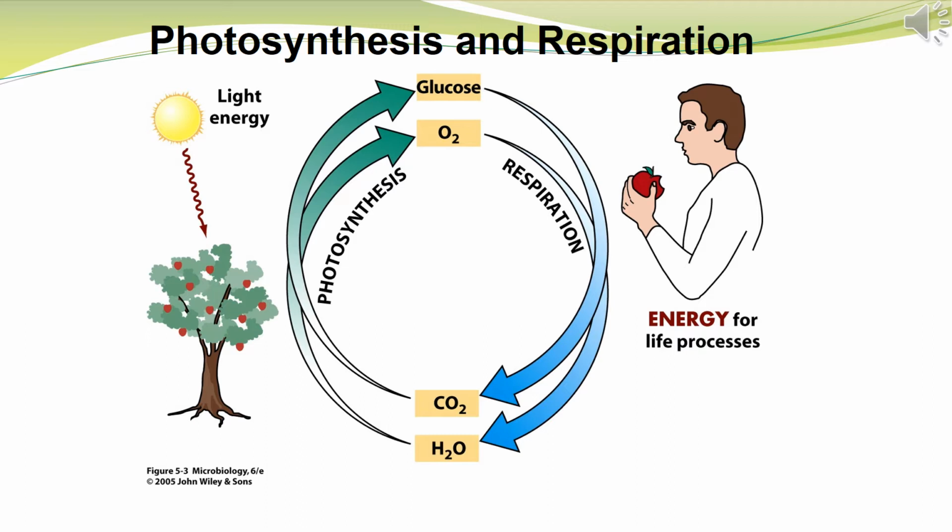For organisms that don't carry out photosynthesis, they carry out respiration, in which they take in oxygen from the environment and get energy from the food they consume, and all this results in the production of water and CO2. And I should point out that in photosynthesis, the plants release O2 and take in CO2, and we of course do the opposite.